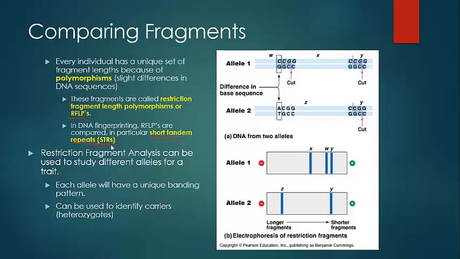Therefore, when you cut this region of DNA using a restriction enzyme, every person's RFLPs are going to have a different length. These different sized RFLPs created by cutting the short tandem repeats are going to be unique from individual to individual. You can see here that we can compare these RFLPs to do a couple different things.